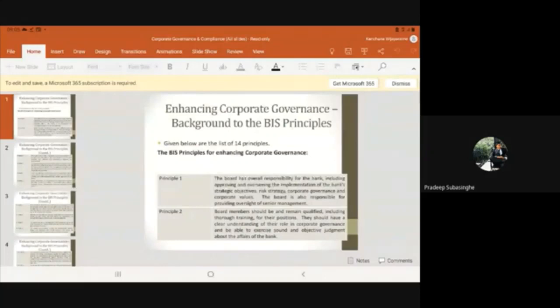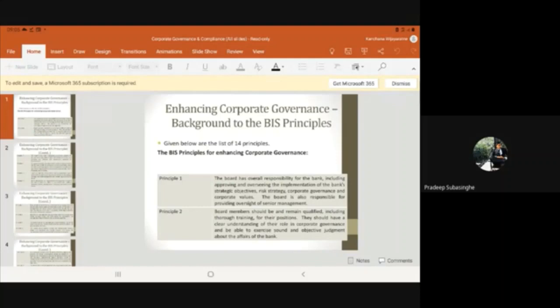Where we are today going to discuss, actually, this is not included in your syllabus directly, but I thought I must give a little bit of insight into this. Now, you take the governance principles all around the world, including Sri Lanka. Most of those governance principles are stemming from the Basel Committee.